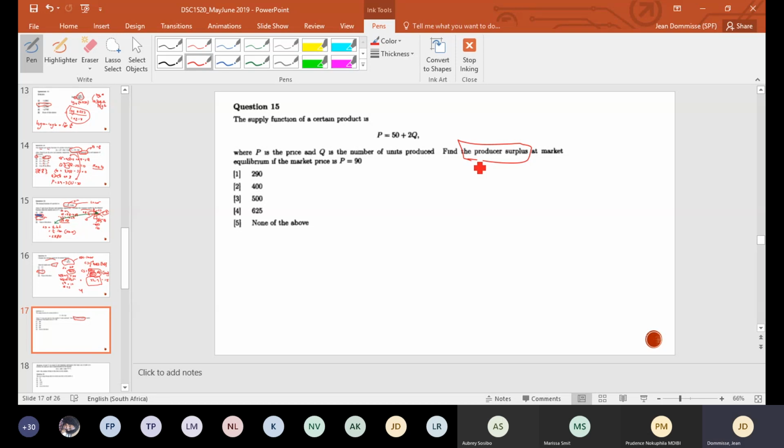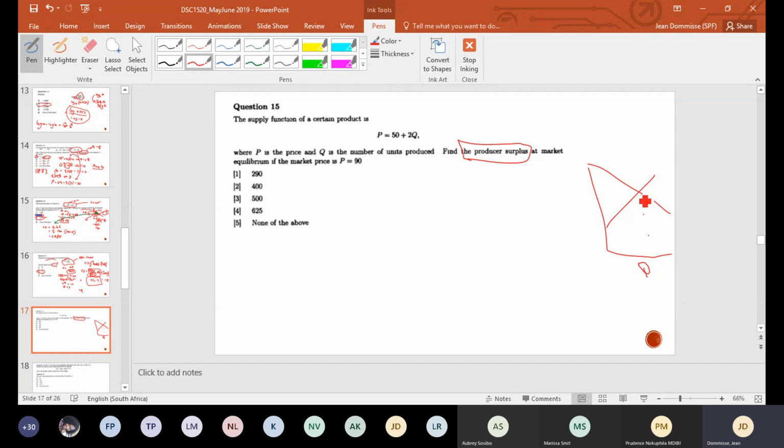Okay, so let's go to question 15. The solution is shared in the chat bar, so if you guys want to look at how to do the integration. Okay, cool. So producer surplus, again, for myself, the sanity check is I need to get a Q again.